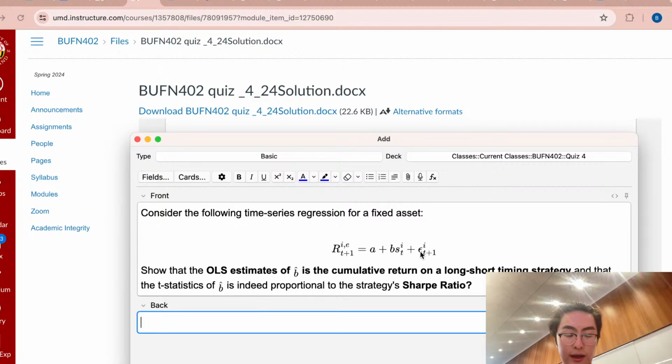If we were to estimate b hat, which is an estimator for our parameter b, then I think what we need to do is run an ordinary least squares regression with a time lag of 1.